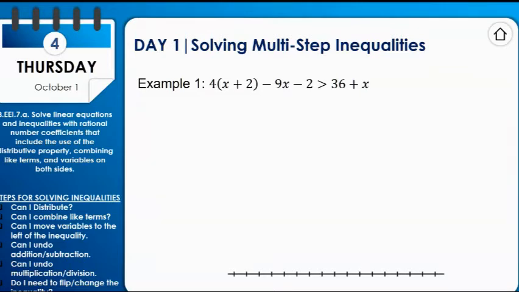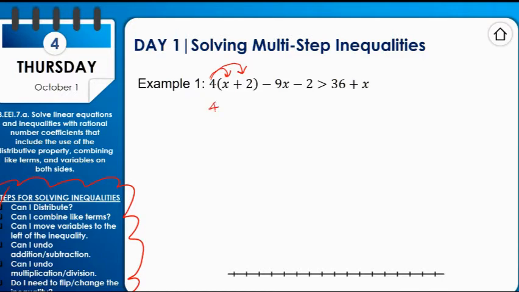So example 1, solving multi-step inequalities. The first question we want to ask as we're looking at our steps is, can I distribute? We see parentheses, we see a value outside of the parentheses. So yes, we can distribute, and we're distributing 4 to x and positive 2.